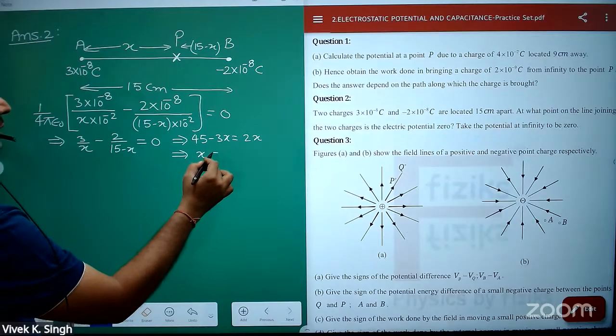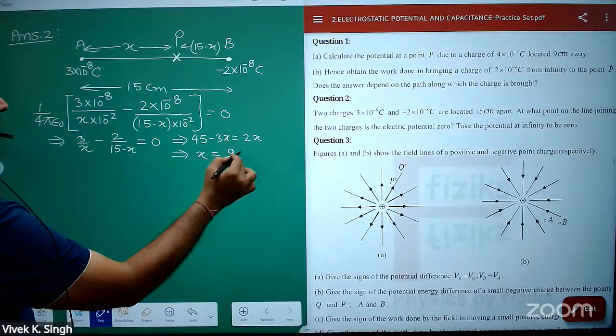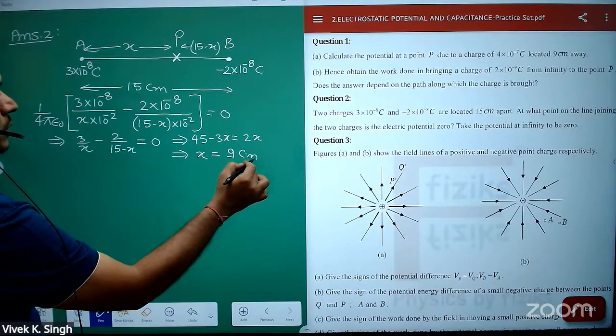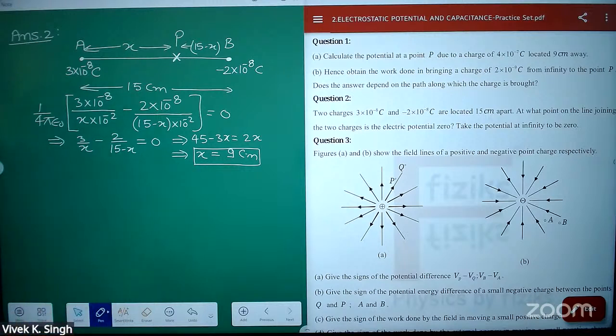So X is 9 centimeter. X is 9 centimeter. Clear? X will be 9 centimeter.